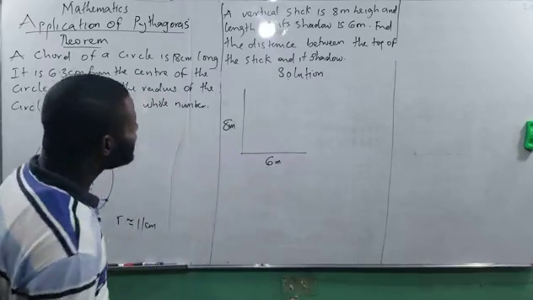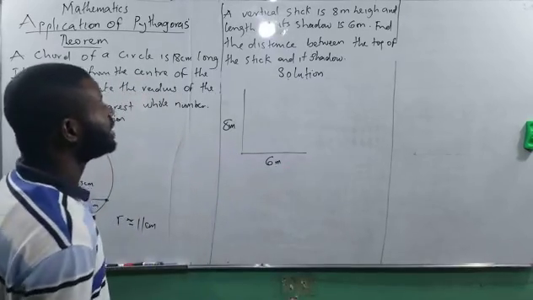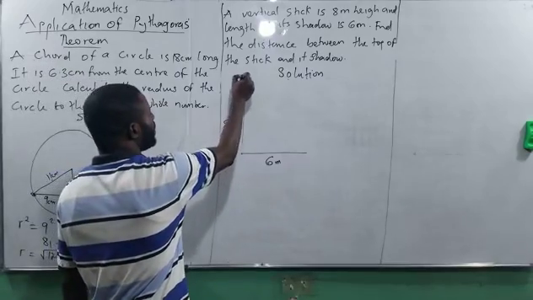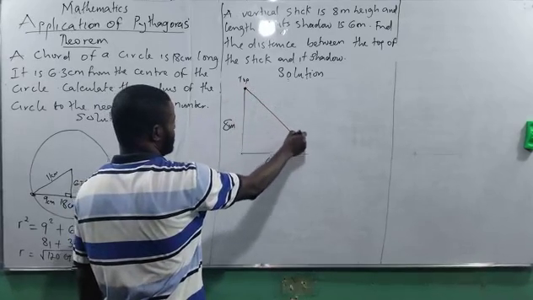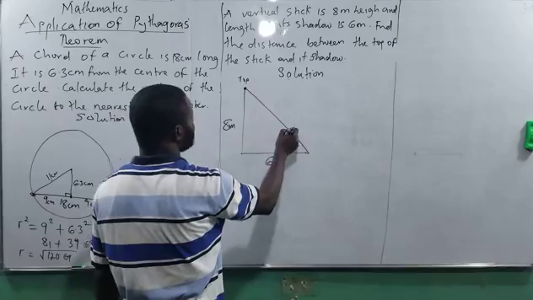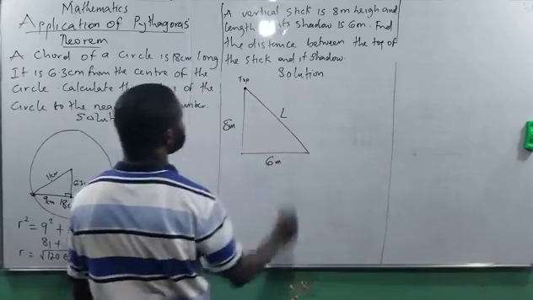Now, find the distance between the top of the stick and the end of the shadow. This is what you are looking for. I can call it this length.